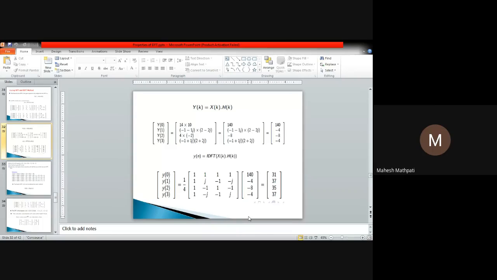The first one is the concentric circle method, the second one is the matrix method, and the third one is the DFT-IDFT method. In the examination, they may ask you to solve the example with a particular method. If no particular method is mentioned, then you can go for any method. So now let us take the next example.